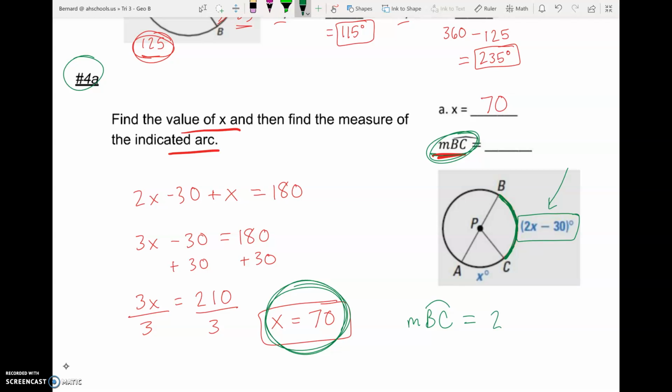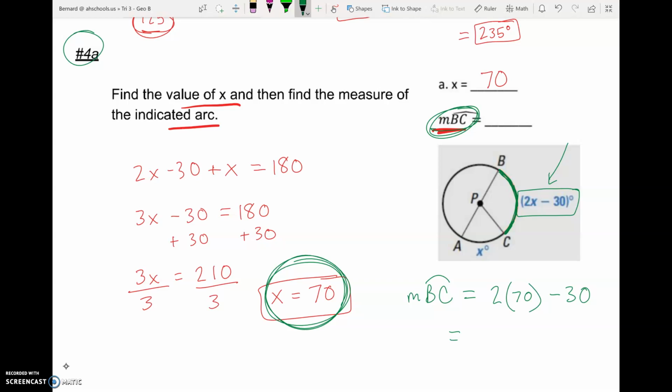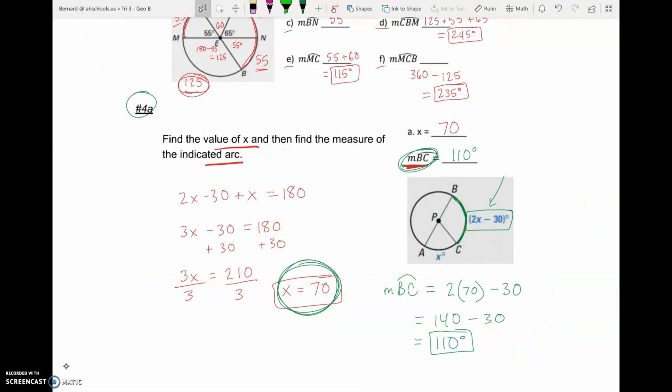So we will do 2, and instead of x, we'll put a 70 in there, since x is 70, and then minus 30. 2 times 70 is 140, and then 140 minus 30 is 110 degrees. So arc BC is 110 degrees. And again, we got that by solving for x and plugging it back in.